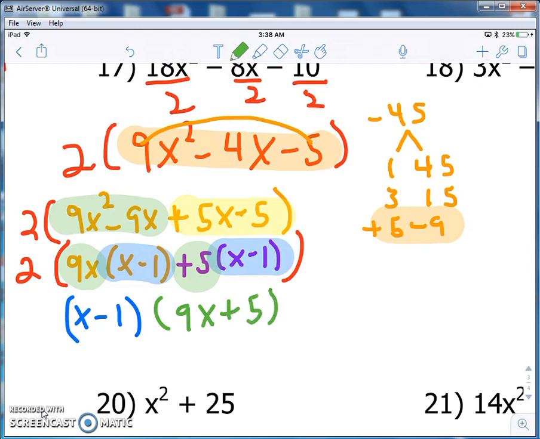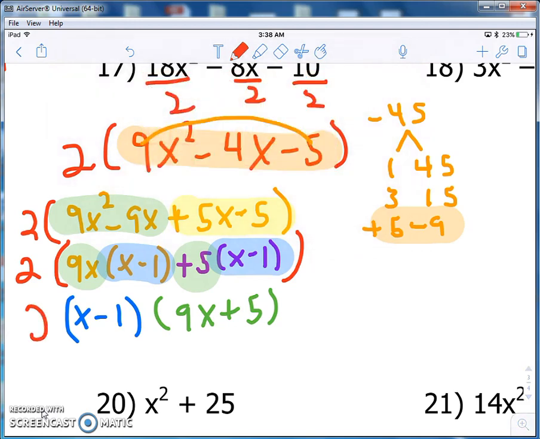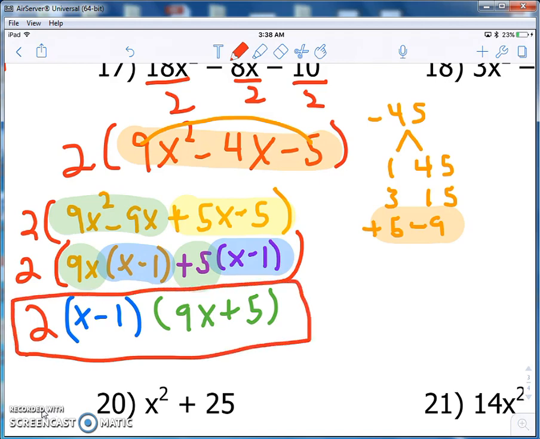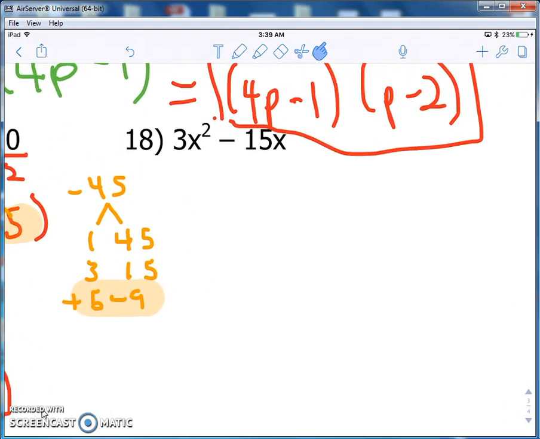And that 2 comes down, but I've already taken care of those parentheses. So it comes out like that. And as weird as that is, that's your best factorization on this. That's a tough one. That's kind of Algebra 2 material in some places. If you need to pause and rewind, that might be a little more than what we'd expect on the test, but it is fun to do, that's for certain.